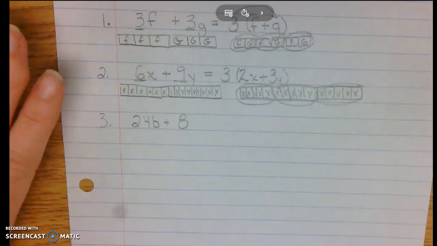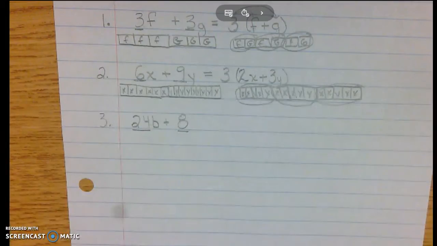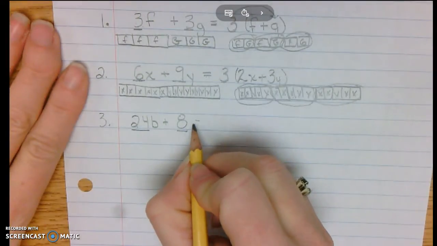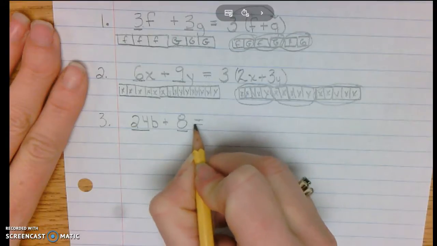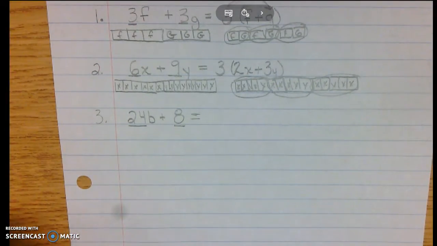Again, look for the greatest common factor of 8 and 24. The greatest common factor of 24 and 8, and pull that out. So push pause until you are able to find the distributed factored version of this expression.